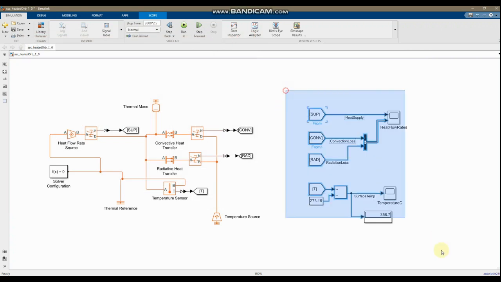So that's the equilibrium temperature of the system. And models such as this would enable you to figure out what the equilibrium temperature would be. Right?